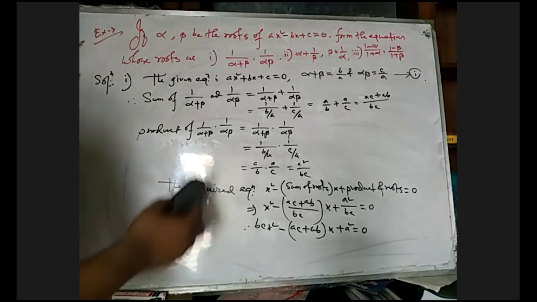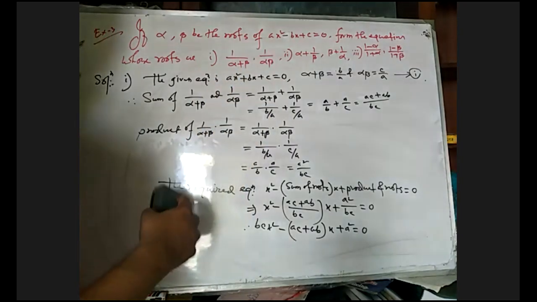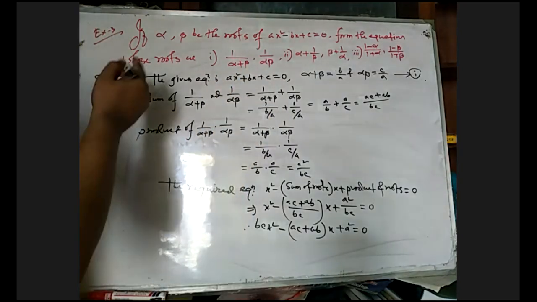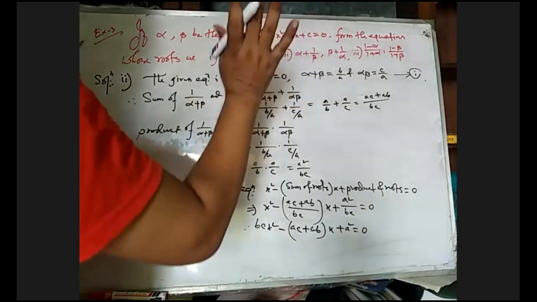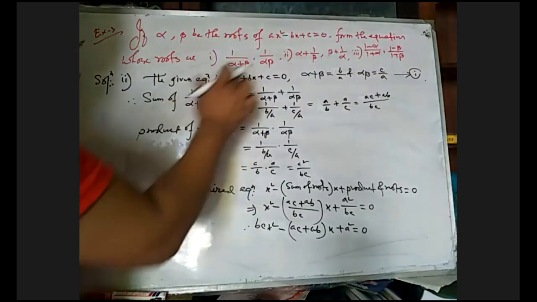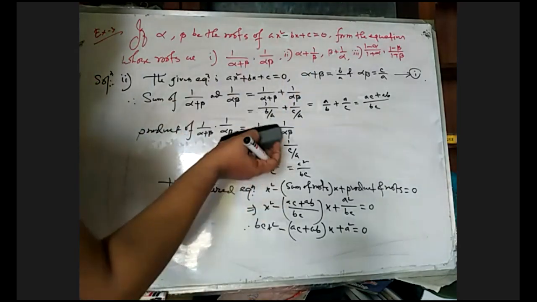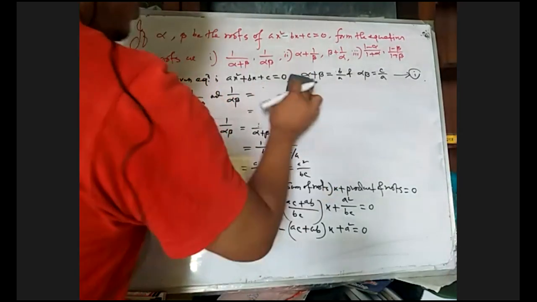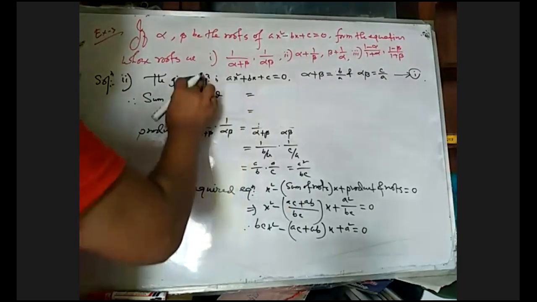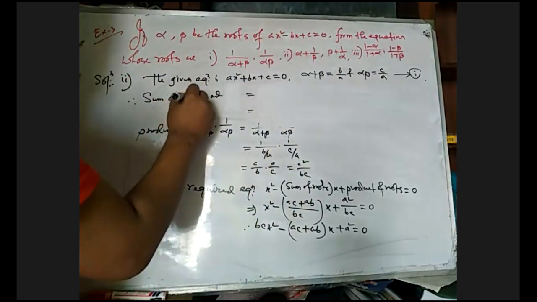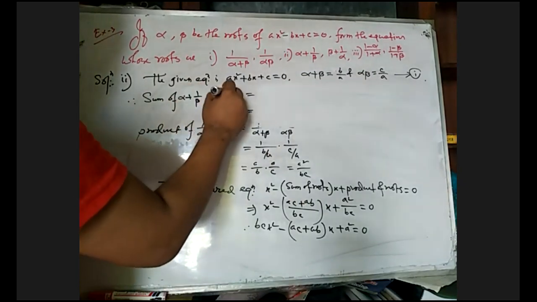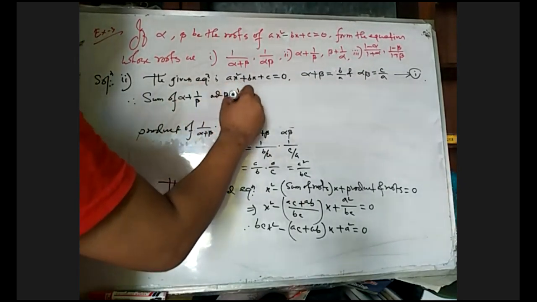Now similarly, the second part. For the same given equation, the roots will be alpha plus 1 by beta and beta plus 1 by alpha.